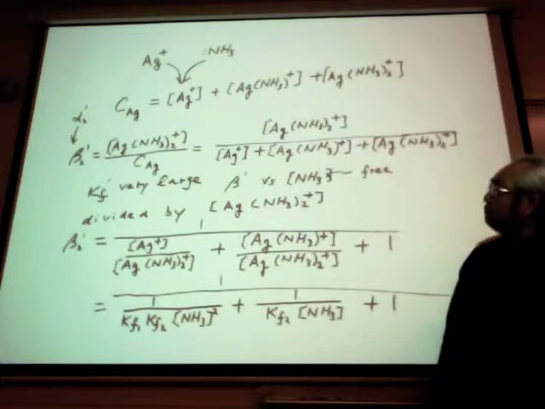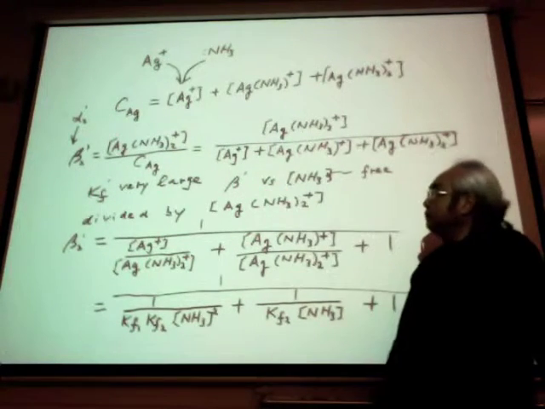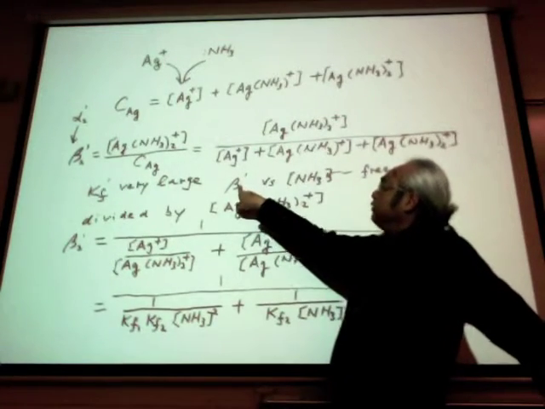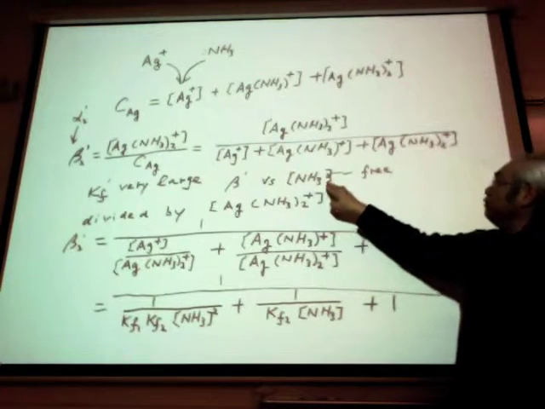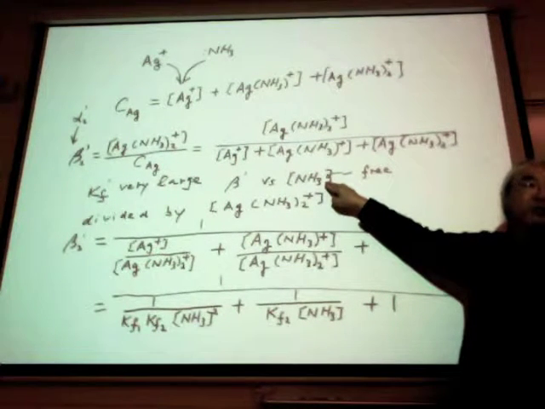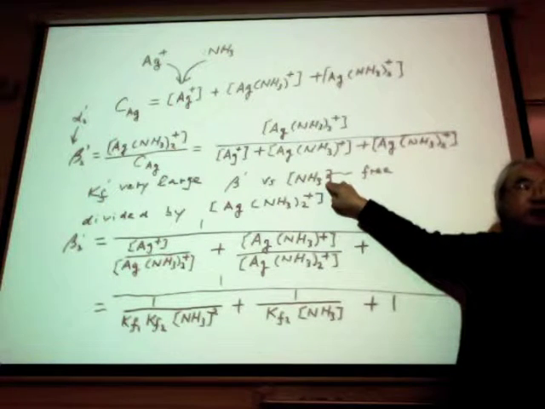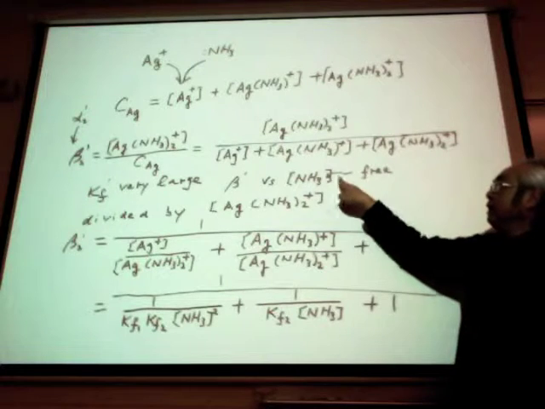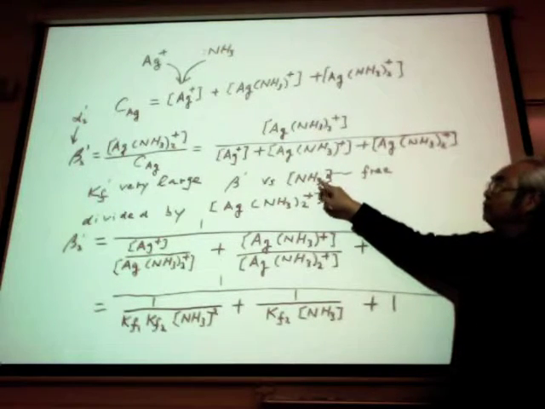Okay, so next we're going to derive an expression. This fraction for a particular species versus how much ammonia is at equilibrium. This is a quantity that leads you to know the free concentration at equilibrium.